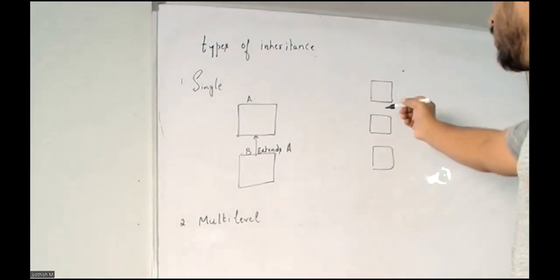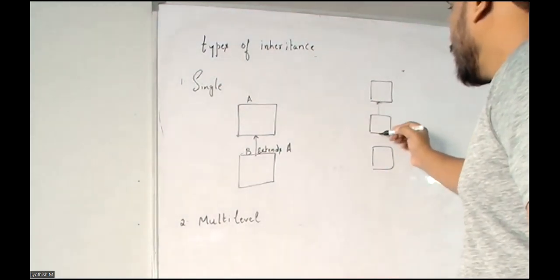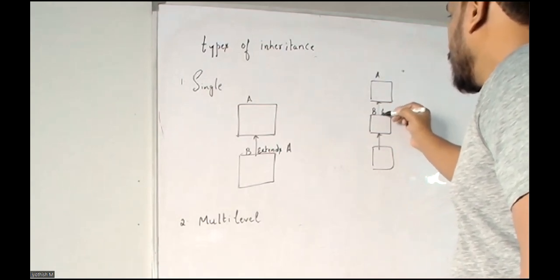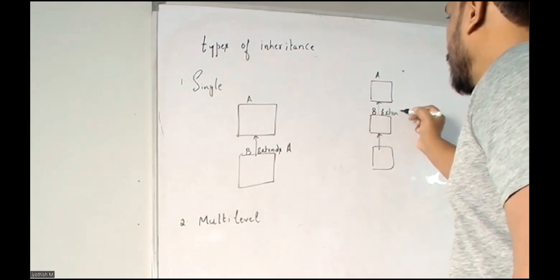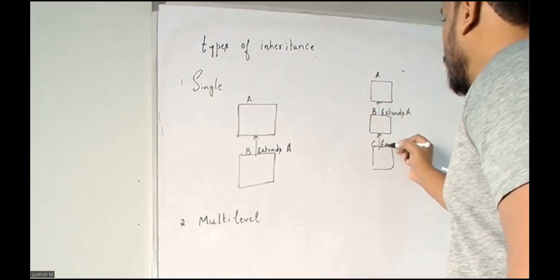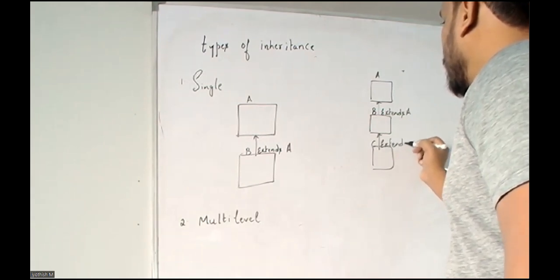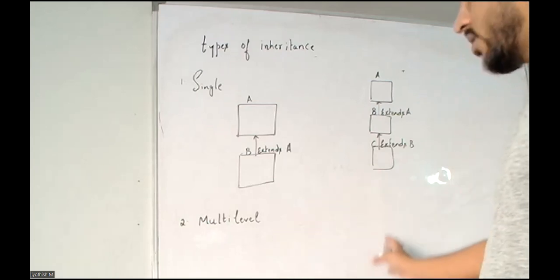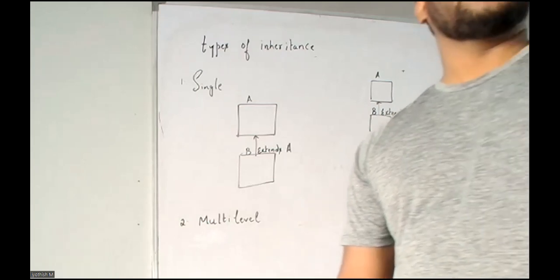So if you have more than one class, if you have more than one class in a chain, this is multi-level inheritance.